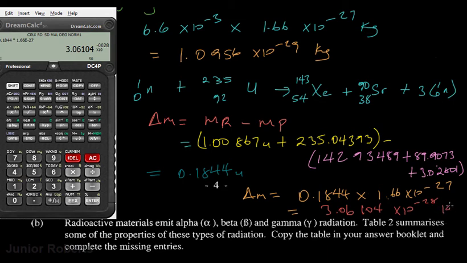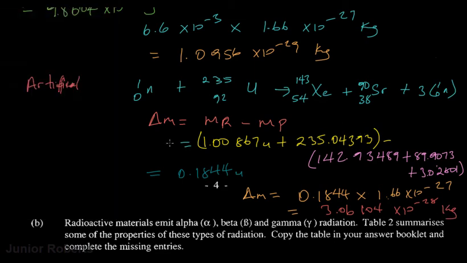So we get kilograms. And again, we're trying to find the energy. So we're going to say now that E is equal to delta M c squared. Delta M now is 3.06104 times 10 to the minus 28 multiplied by the speed of light squared, which is 3 times 10 to the 8 meters per second, and this is squared.